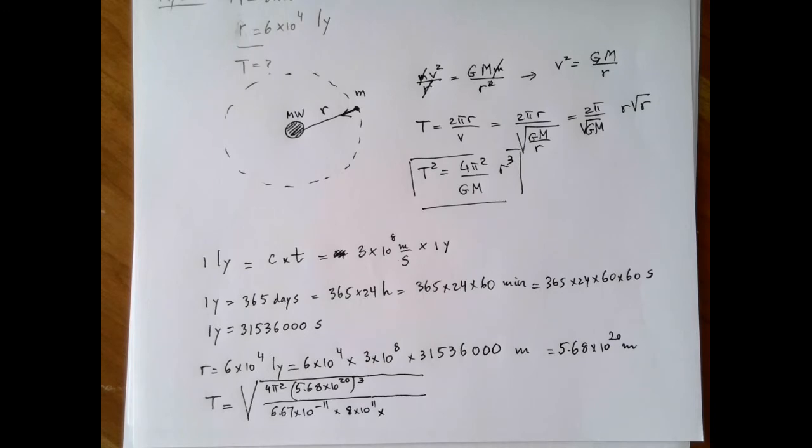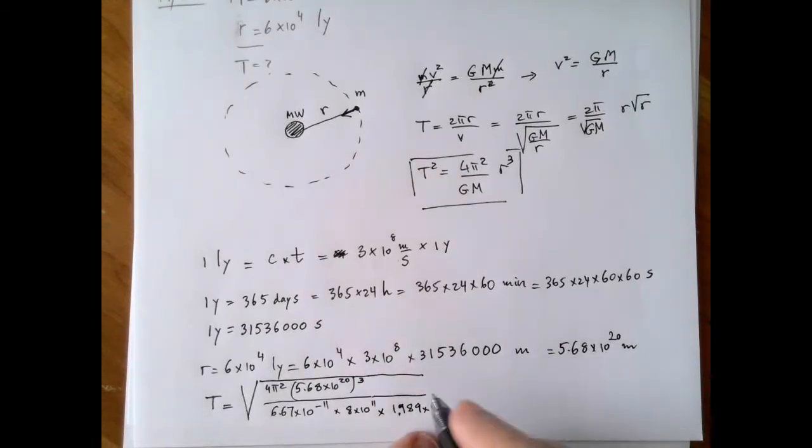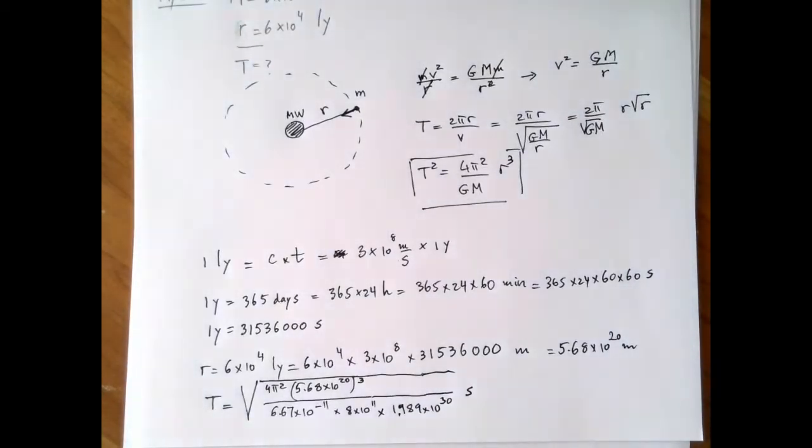We can find it. So the mass of the sun is 1.989 times 10 to the 30th. Huge numbers, as you can imagine. So this will be in seconds.